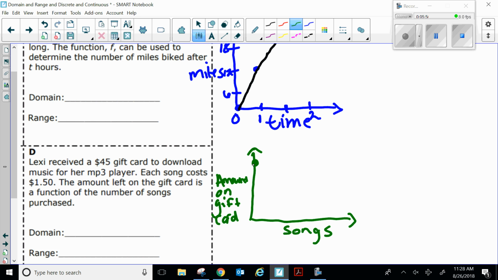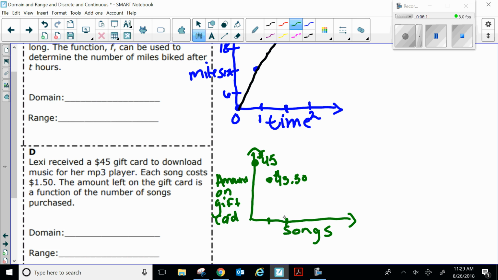She's starting with $45. And then she's going to purchase a song at $1.50. So if she's starting at $45 and she spends $1.50, now she has $43.50 left on her card. So we're going to put this somewhere here, and we're going to have $43.50.